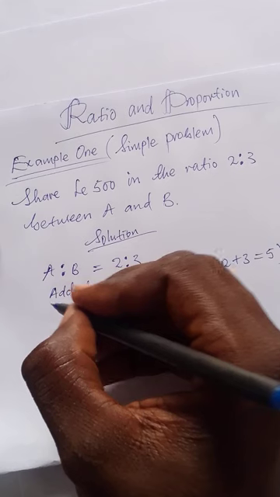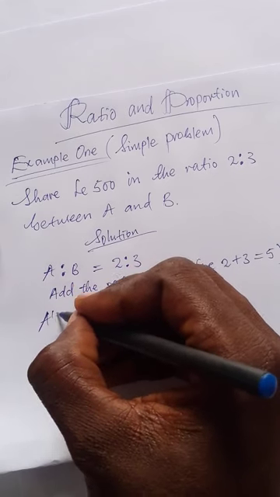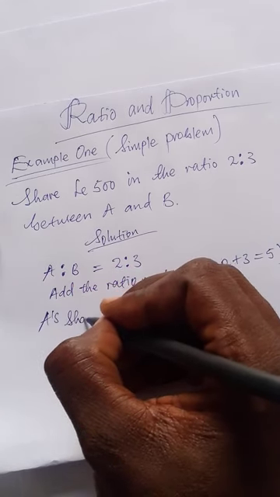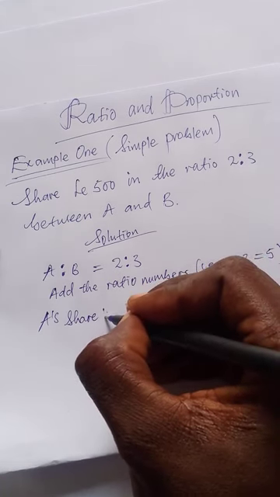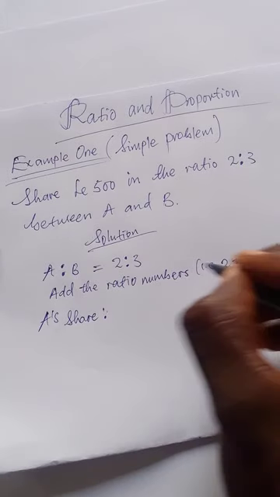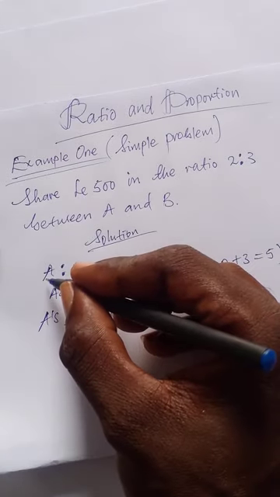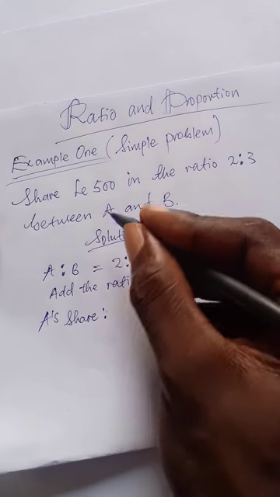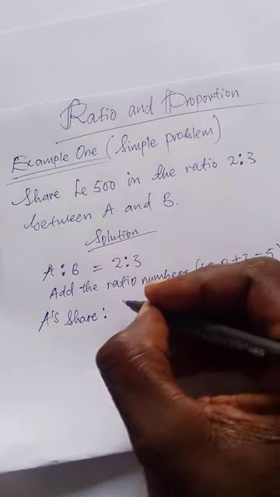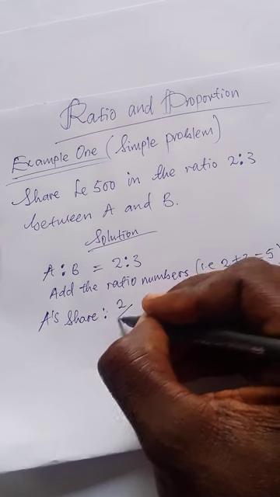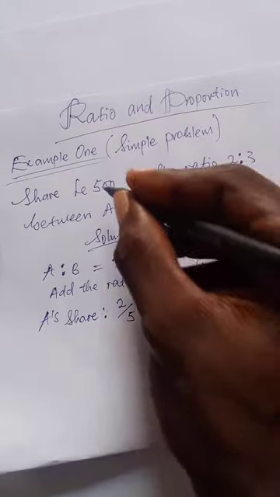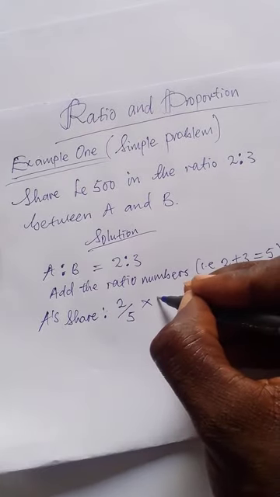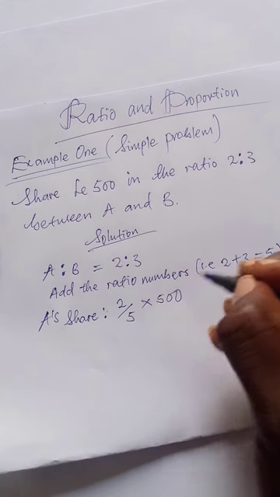Now, if we want to find A's share of the money, how are we going to work it out? We are taking 2, which is A's part of this 500, and then we divide by the total, which is 5, and we multiply by 500, okay?